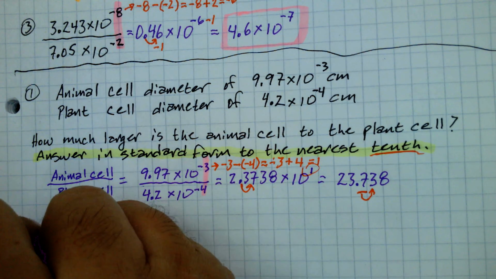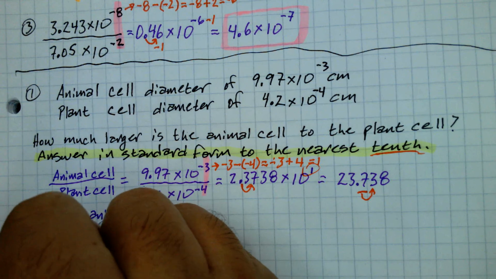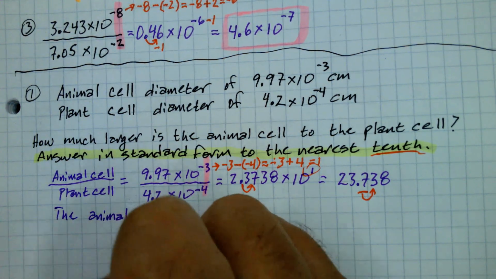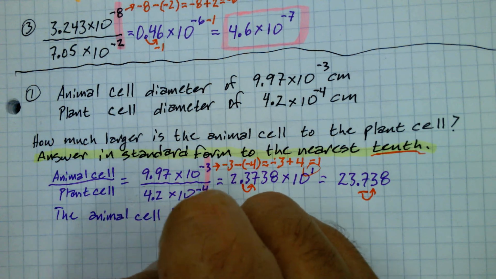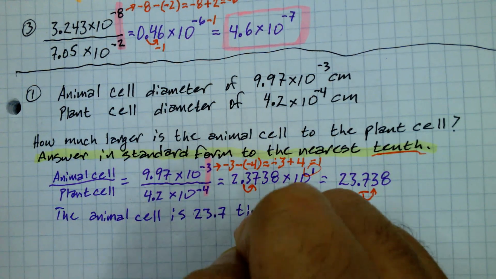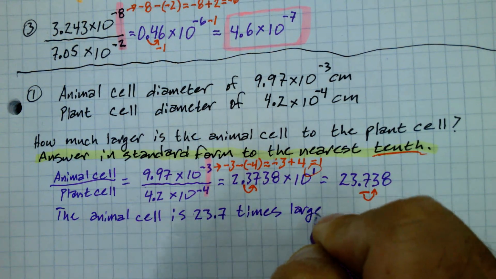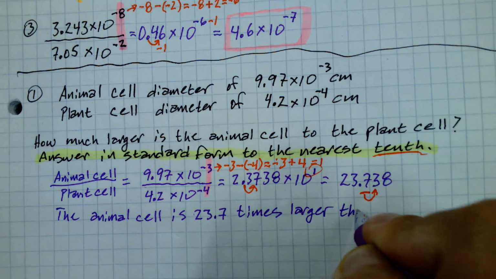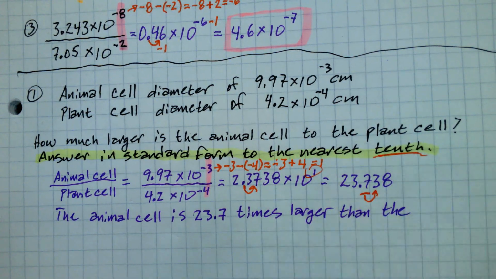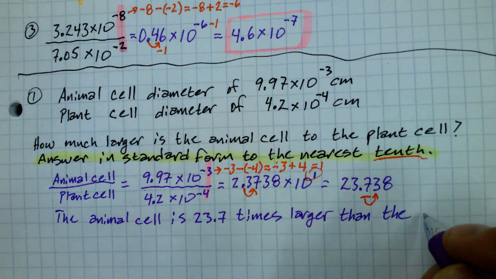So the animal cell is 23.7 times larger than the plant cell.